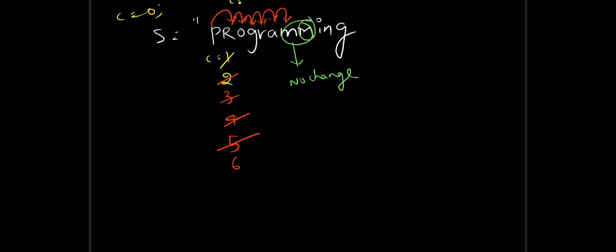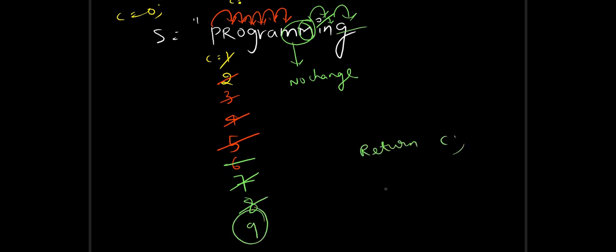And capital M to i, the count is increased. Count is 7. And i to n, the count is increased as 8. And n to g, count is increased as 9. So we have to return count. Then output for this input is 9. I think you have understood the problem.